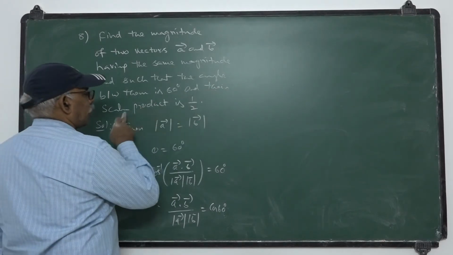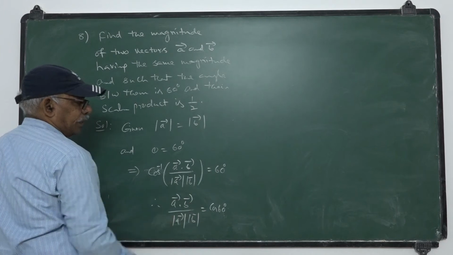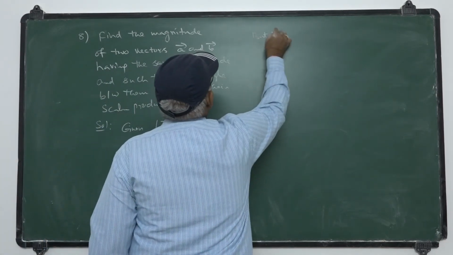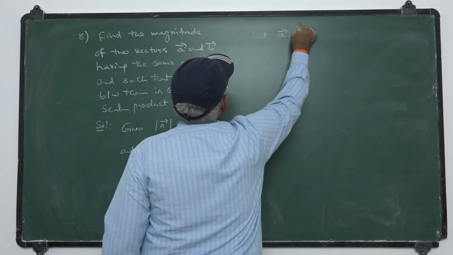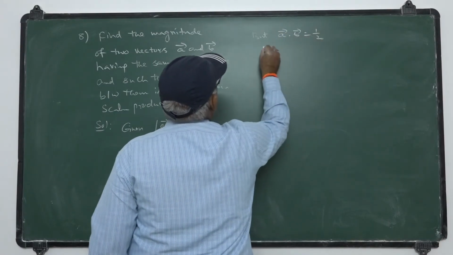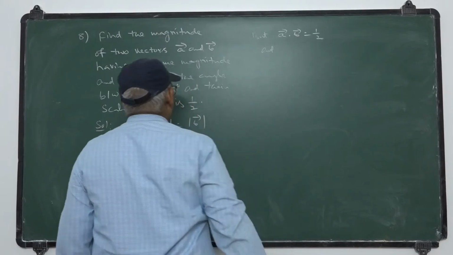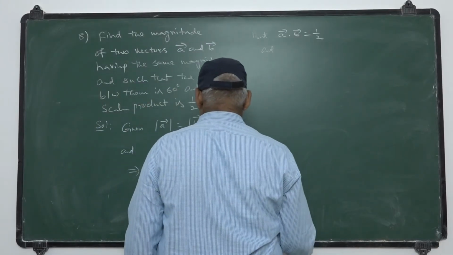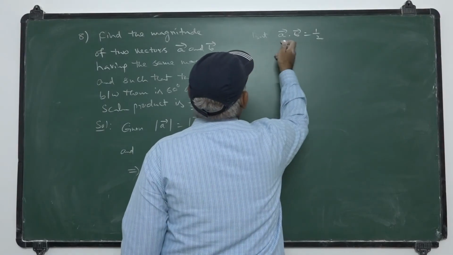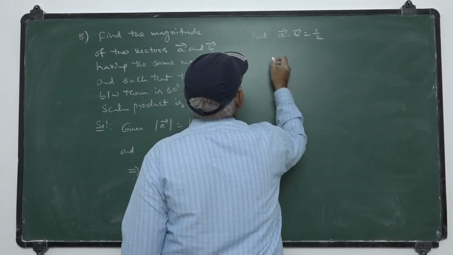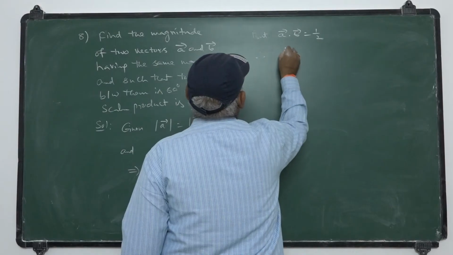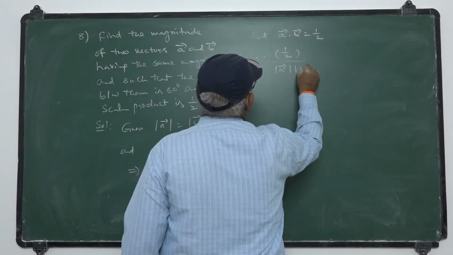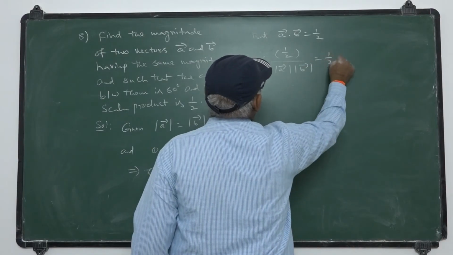But the scalar product A dot B is given as 1 by 2. And the angle is 60. Cos 60 is 1 by 2. So 1 by 2 by mod A bar into mod B bar equal to cos 60, which is also 1 by 2.